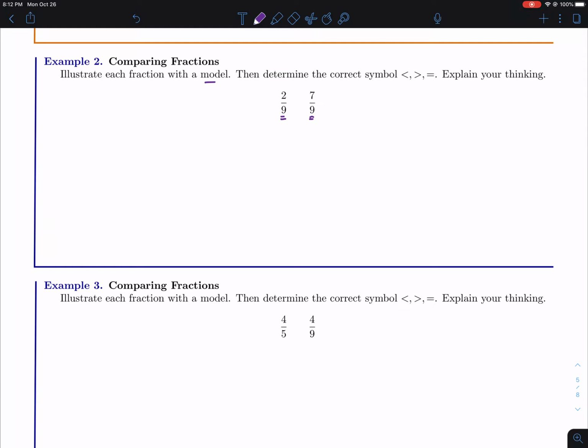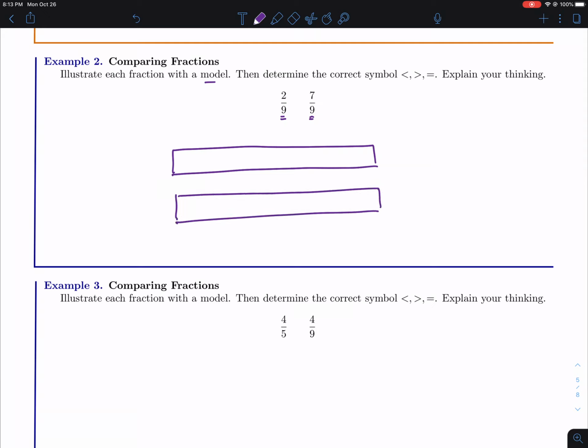So in this case, what I want to start off by doing is drawing two rectangles. And since both of these have denominator 9, that means I need to break this up into 9 chunks. So I need 8 lines to do that.